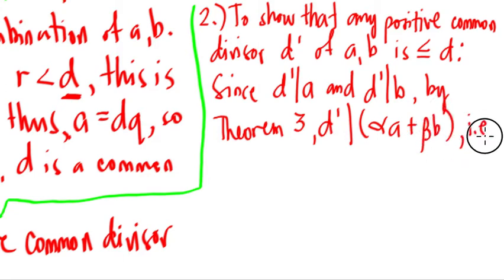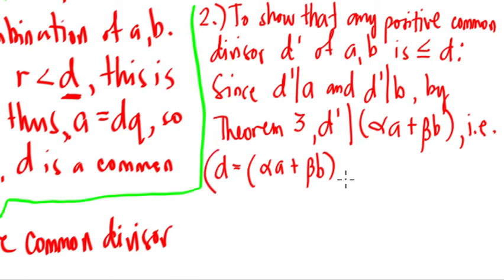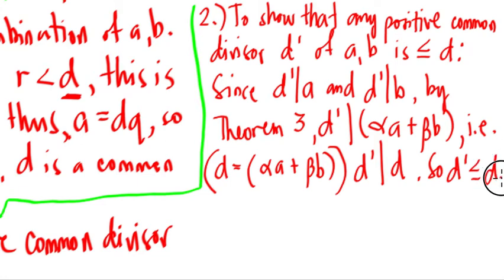Recall that D is equal to alpha A plus beta B. So therefore D prime is a factor of D. If D prime is a factor of D, then D prime is less than or equal to D.